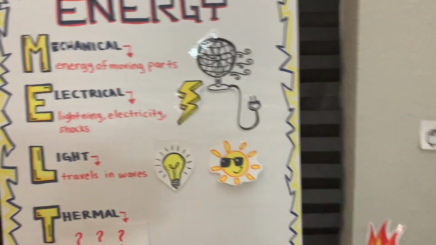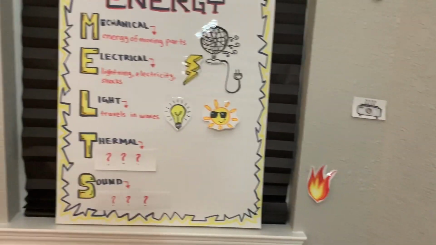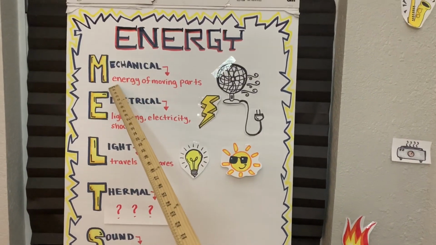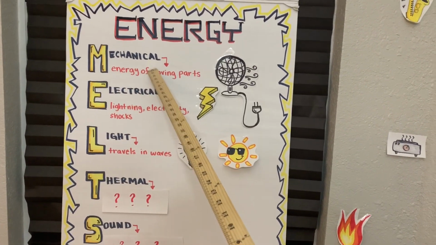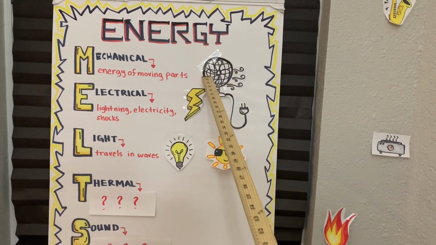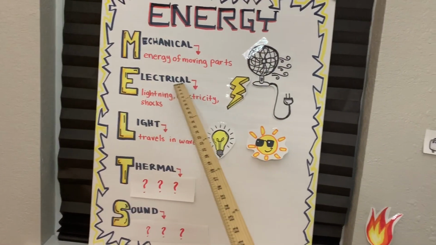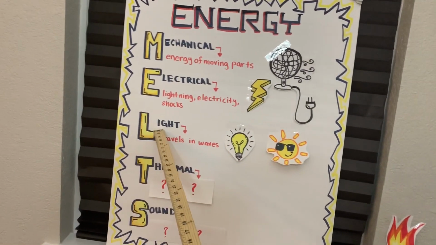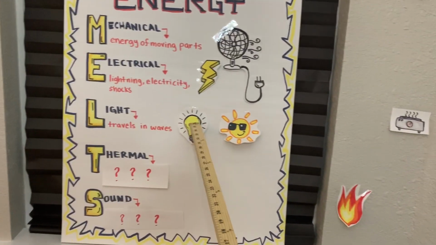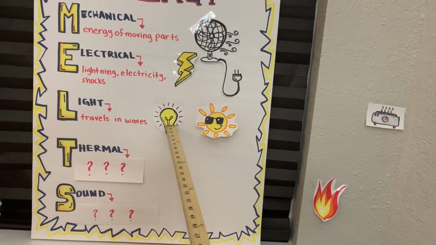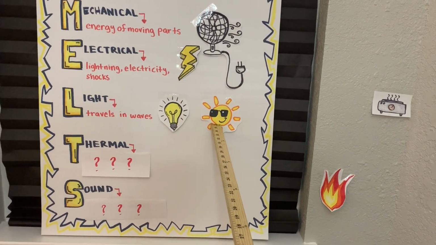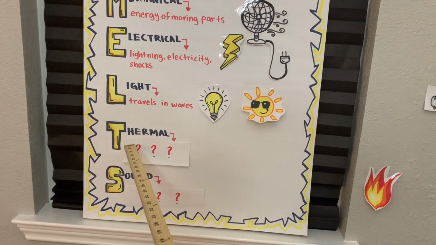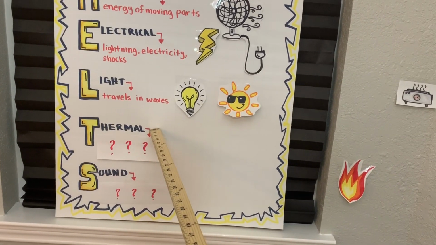So far we have learned about mechanical energy, movement, electrical energy, things that you plug in, light energy, lamps, flashlights, the sun, and the next one we're going to talk about is thermal energy.